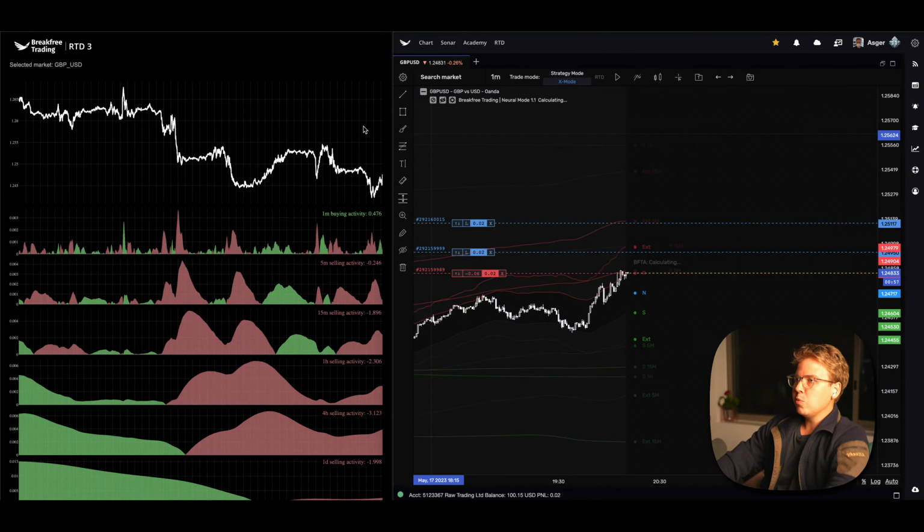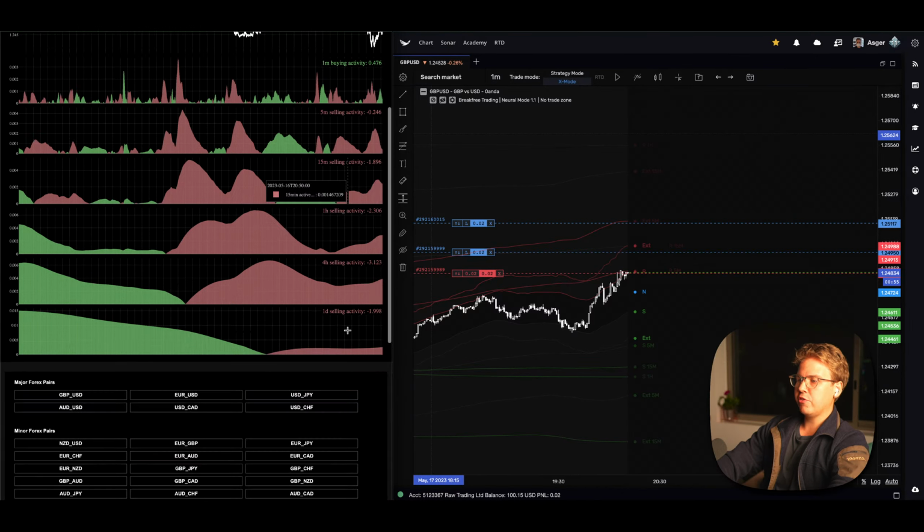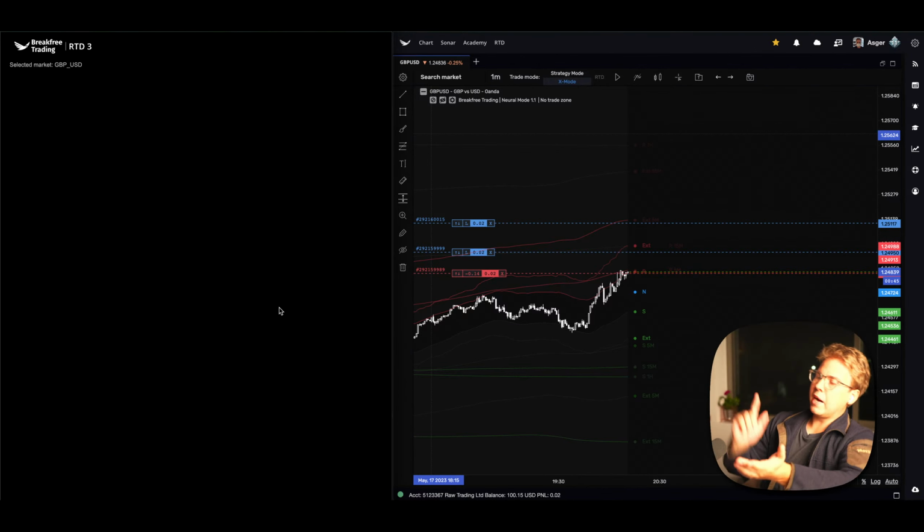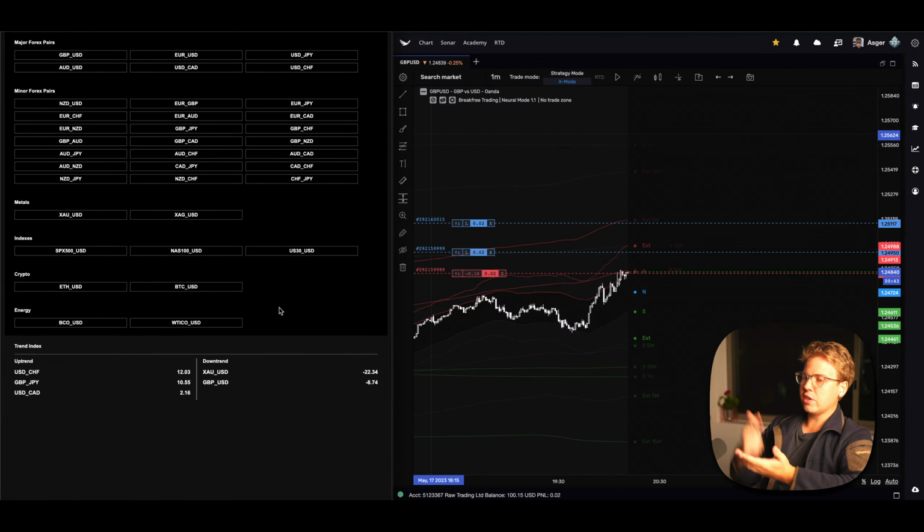But what we really want to find, let's see if RTD has refreshed yet, is strong trending markets where we have a buying algorithm active on all the time frames at the same time. So that means 1 minute, 5 minute, 15 minute, 4 hour, and 1 day.